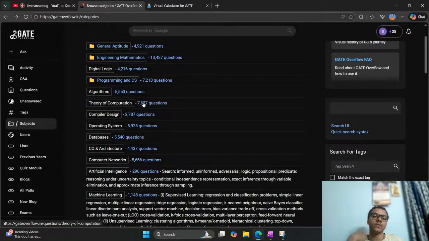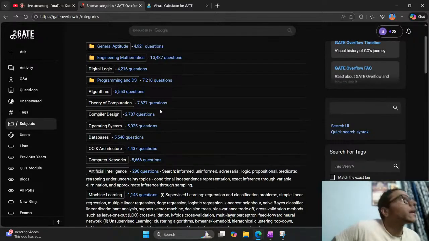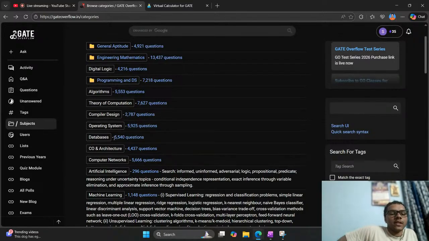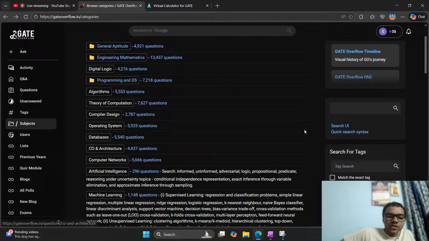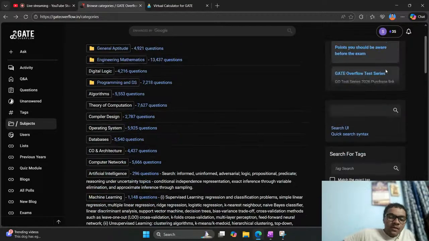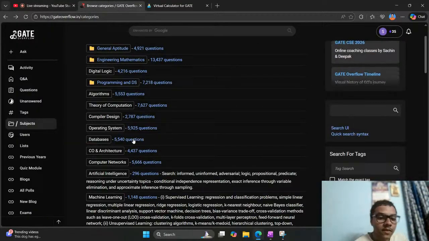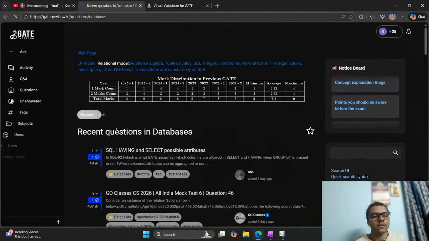We did some theory of computation and compiler design. Within 1 week, I will start doing compiler design as well. We can do everything here. Literally, we can do everything over here. So we will start DBMS.